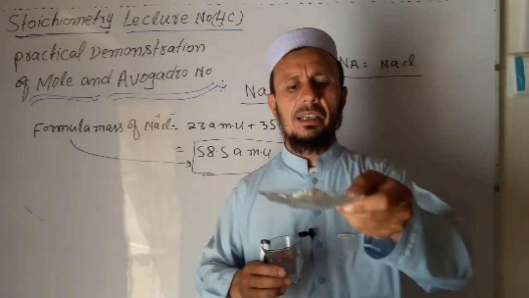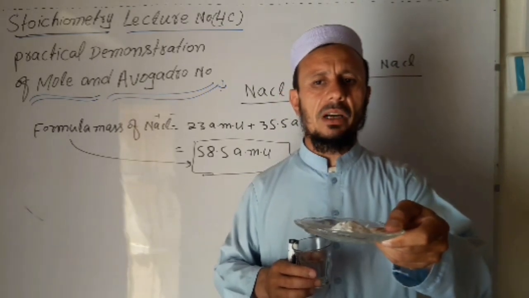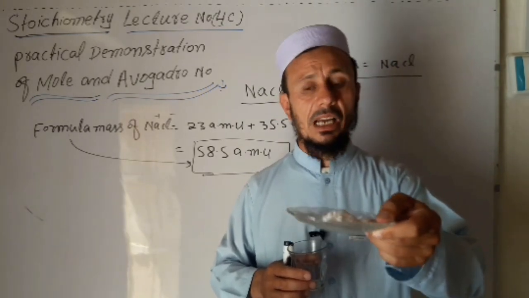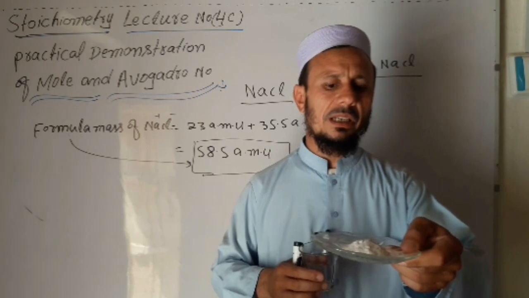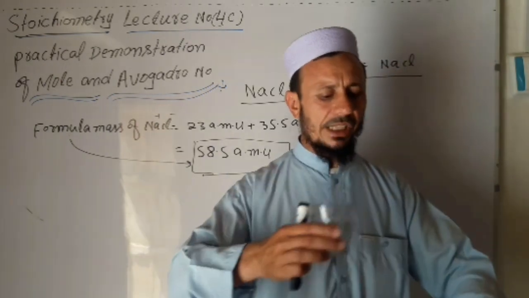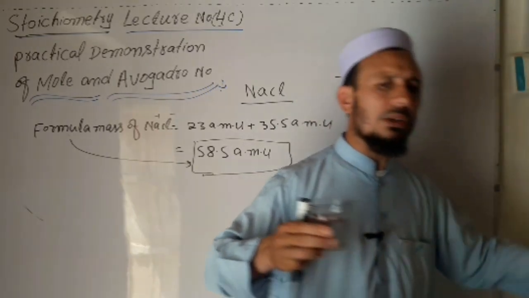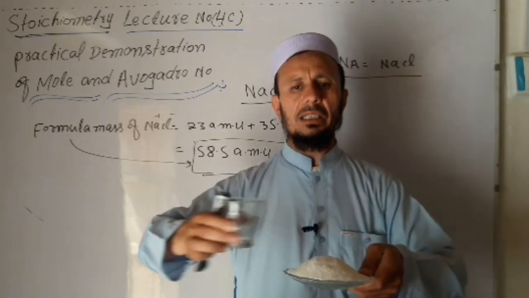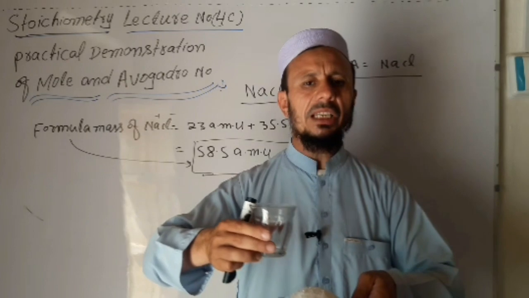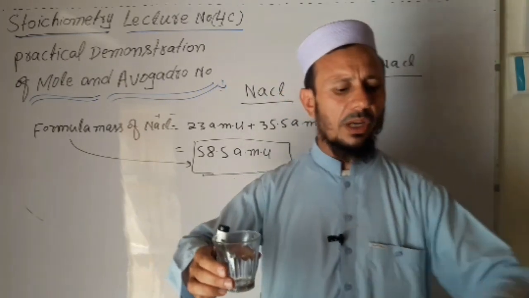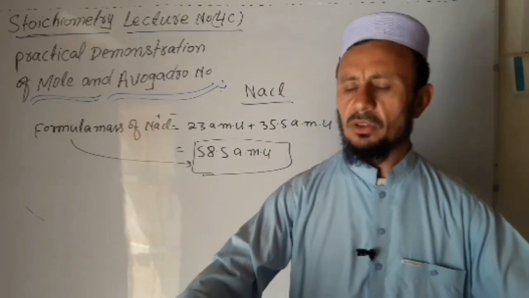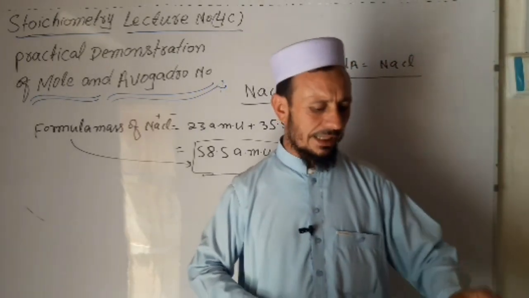In this plate 58.5 gram NaCl is present, it is also equal to 1 mole. And in all of these it is 1 mole, it is 1 mole, and this is 1 mole. And in all of these three different things of 1 mole, Avogadro number of particles are present.